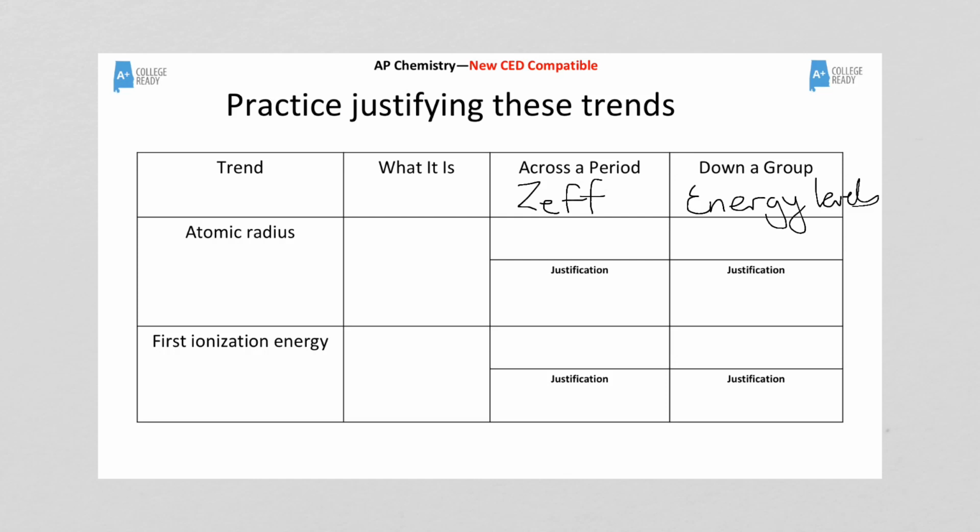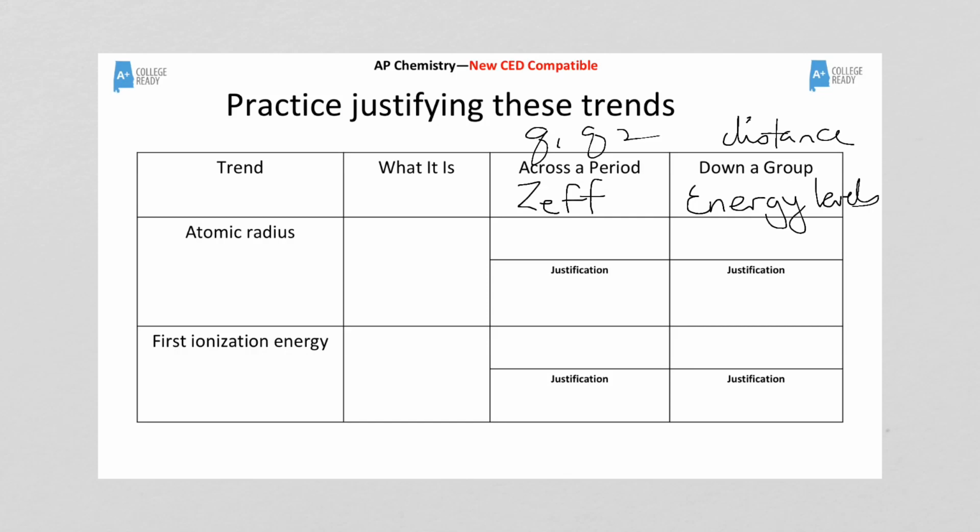So this is more the distance argument for a group trend, and across a period, that is more of the Q1, Q2 charge argument.